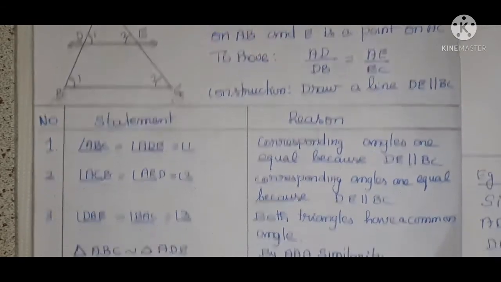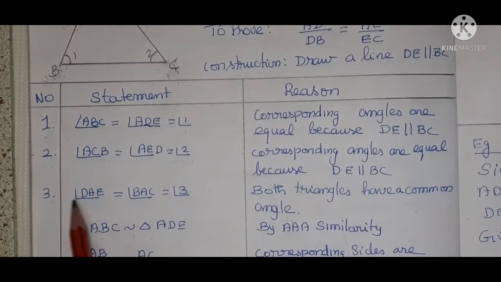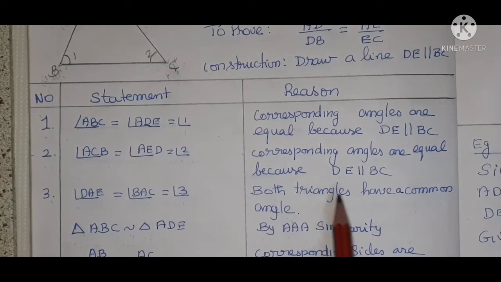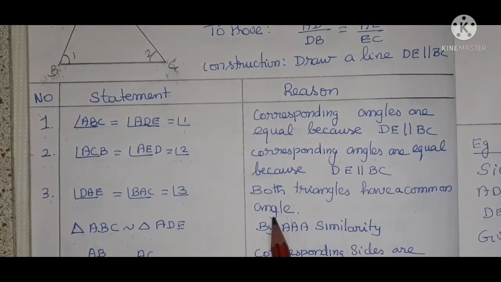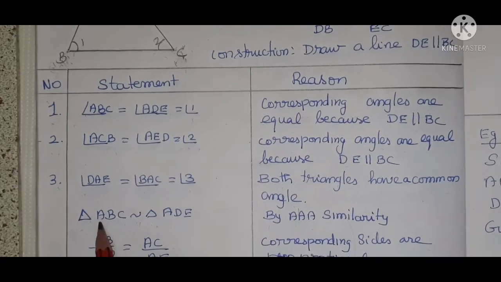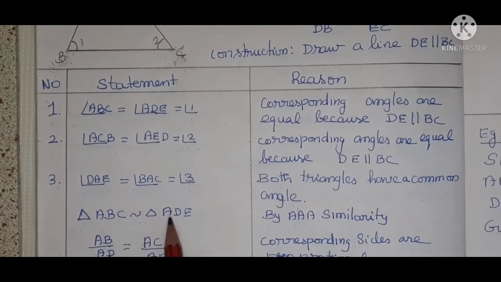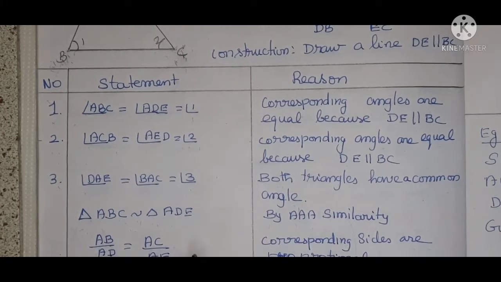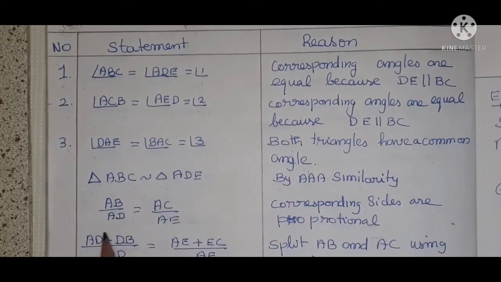Third statement: angle BAC is equal to angle DAE, angle 3, as both triangles have a common angle. Triangle ABC is similar to triangle ADE by AAA similarity. Using similarity, AB by AD is equal to AC by AE.